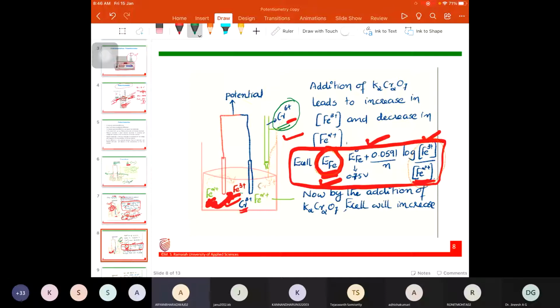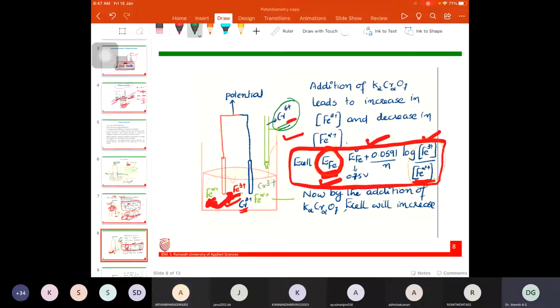Now how many types of Fe ions are still there in the solution? Two types. Two, Fe2+ and Fe3+, right? Yes, sir. But only Cr3+ is in the beaker. Am I right? Yes, sir. So still the potential is developed by Fe ions. Clear?